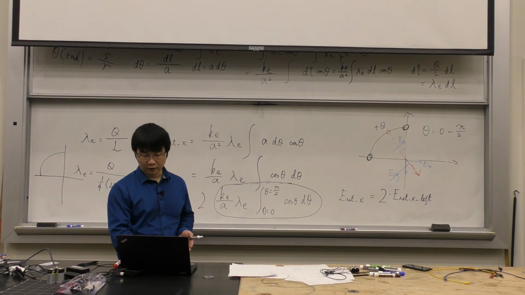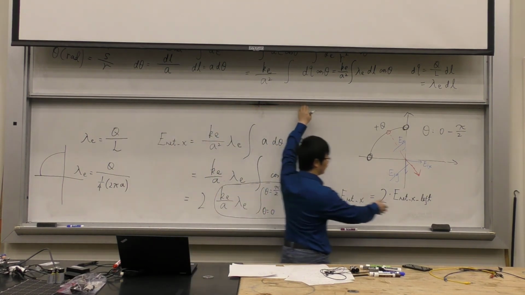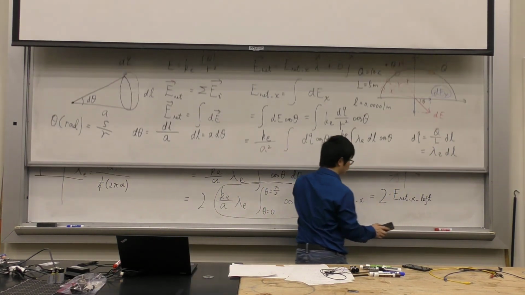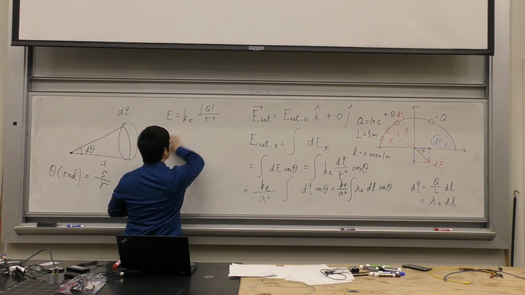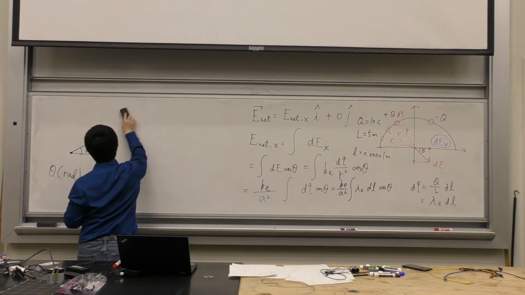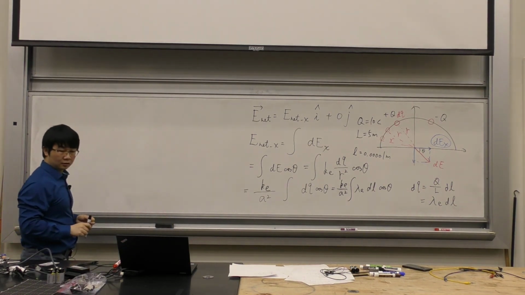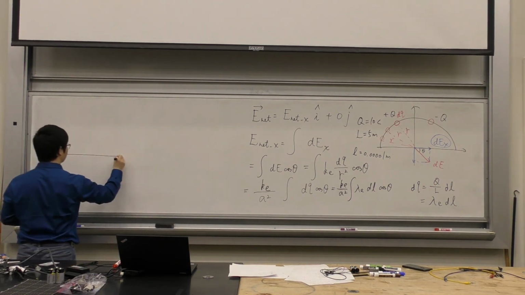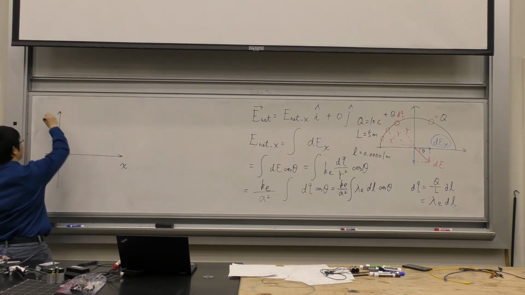It's a rod, but it's a little bit different than what we saw. Now let's take a look at it. There's already a coordinate system set up, x, y.